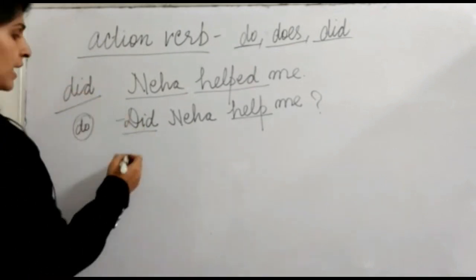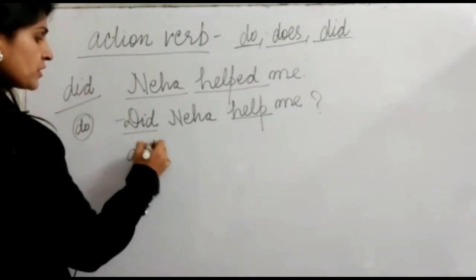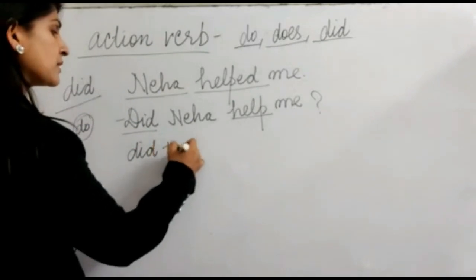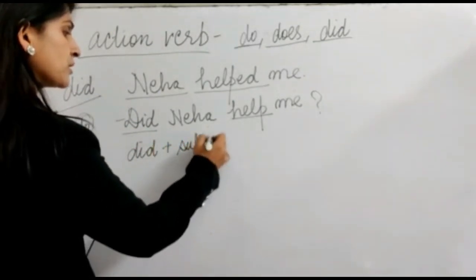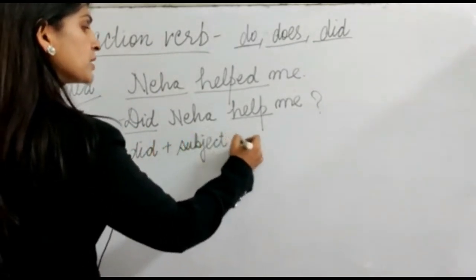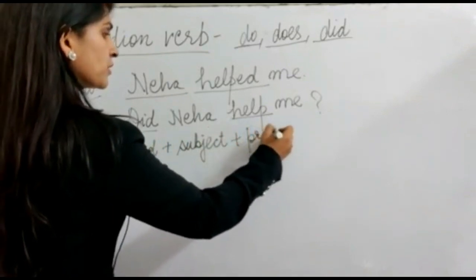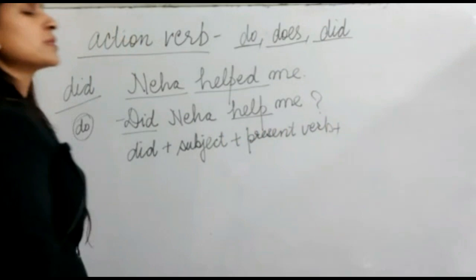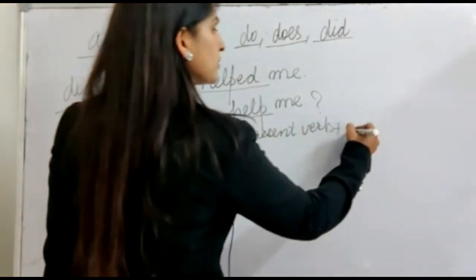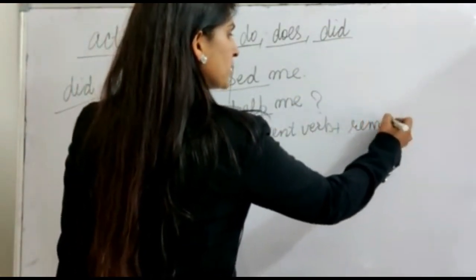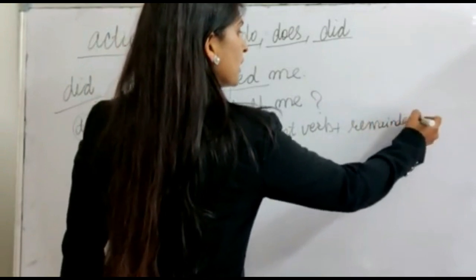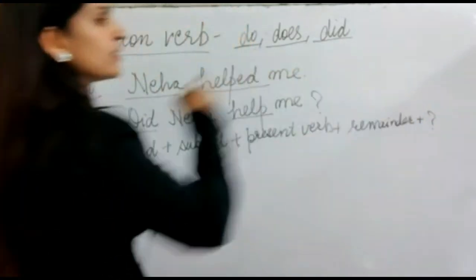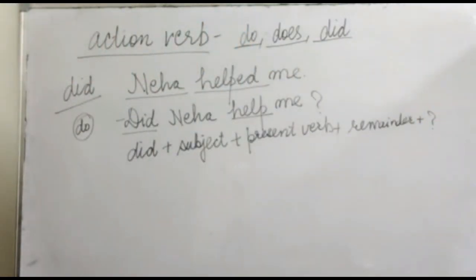So we will have the formation did plus subject plus the present verb plus the remainder. Remainder means the rest of the sentence and then the interrogative mark.